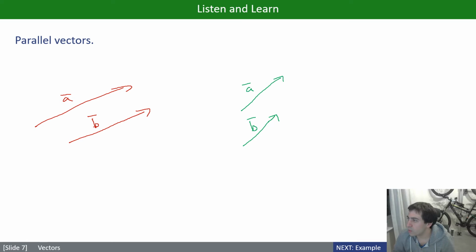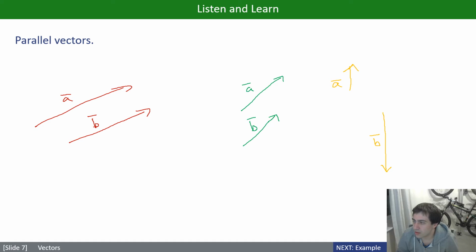I'm just going to do one more and think about something like a vertical arrow. Let's mix it up a bit, and I'm going to do this. Okay, now the vectors here, let's say the orange pair, I've reused A and B, the orange A and B on the right, are those parallel?